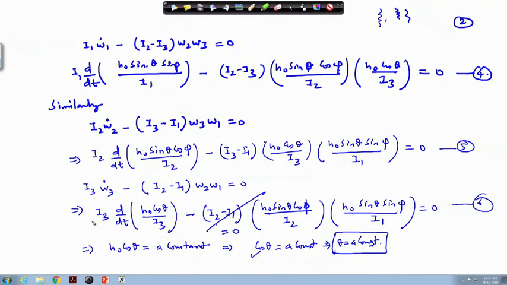This we directly get from equation number 6, because this quantity turns out to be 0, I 2 being equal to I 1 equal to I. Next we use equation number 5 and solve it.